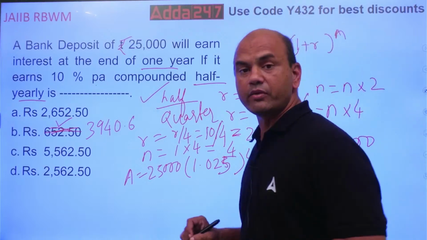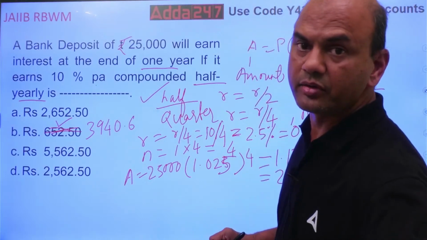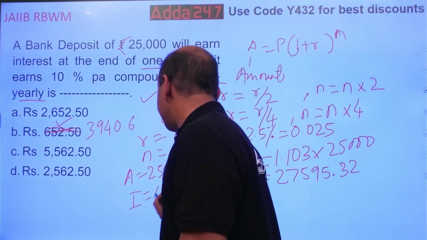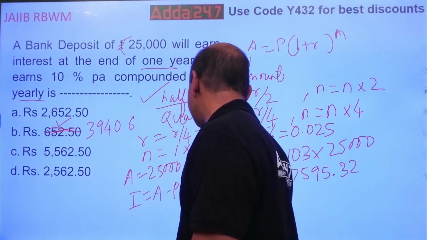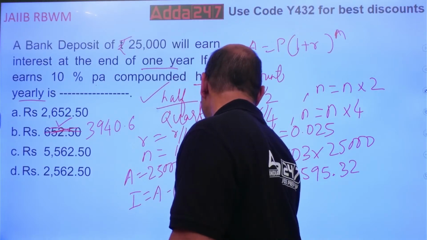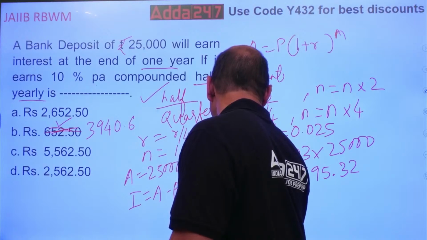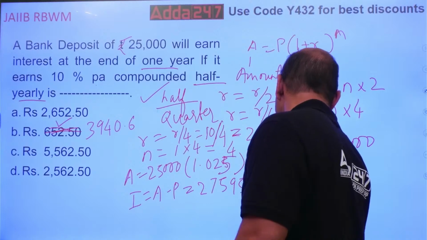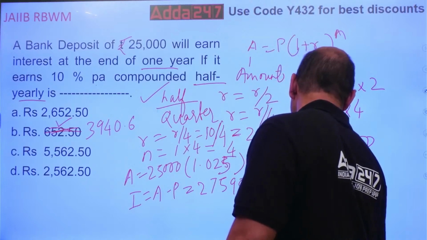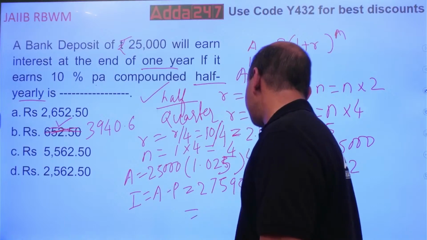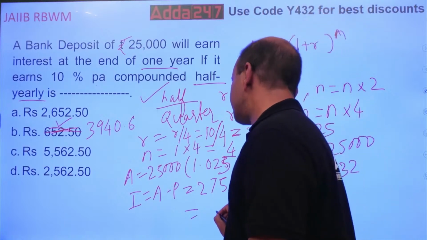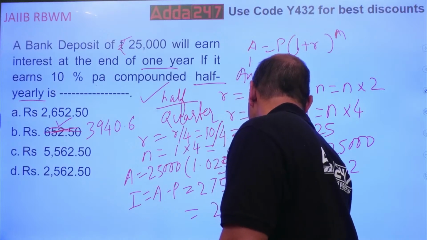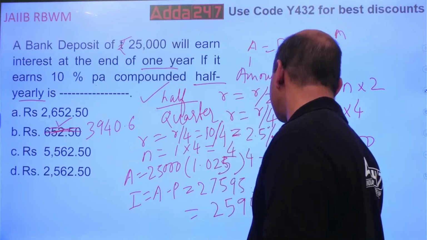But what do I want? I want interest. So interest is done how? I equals A minus P. That is 27,595.32 minus 25,000, which equals 2595.32.